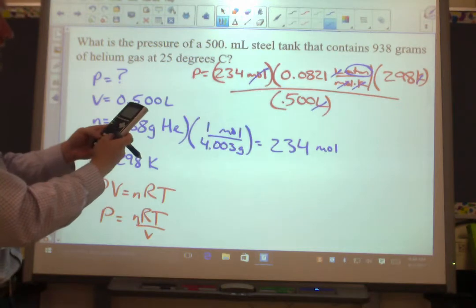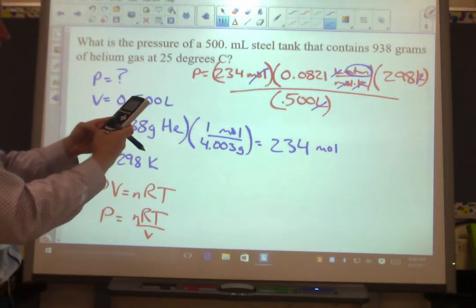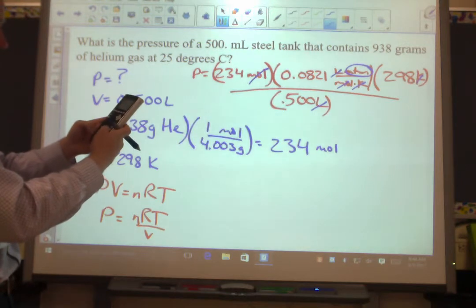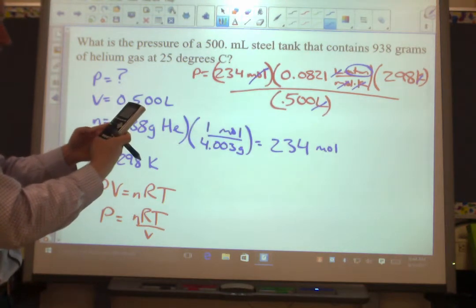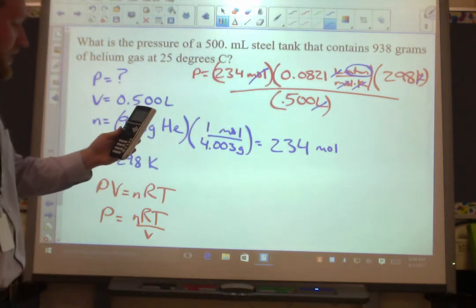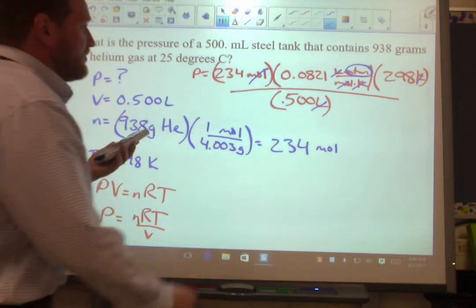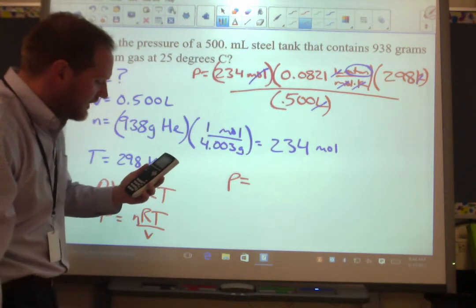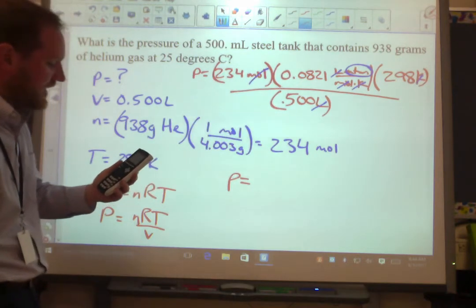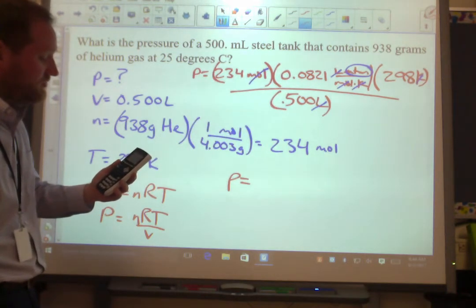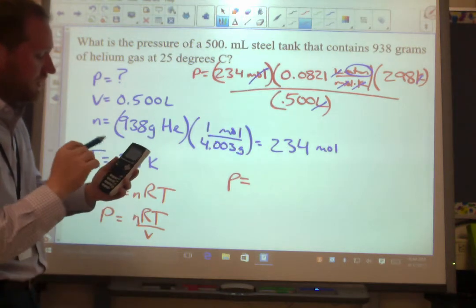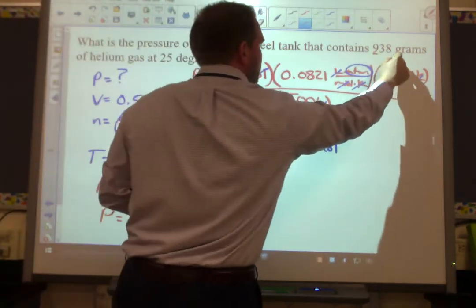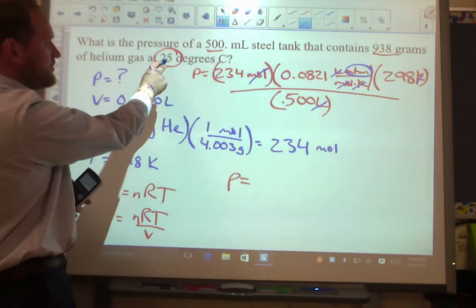So 234 times 0.0821 times 298 divided by 0.500. Well, we have quite a lot of pressure there. P equals 11,449.99. This is actually really tricky with sig figs. You have to be careful here. With 3 sig figs, because 3, and you might say, hey, wait, what about 2 sig figs?